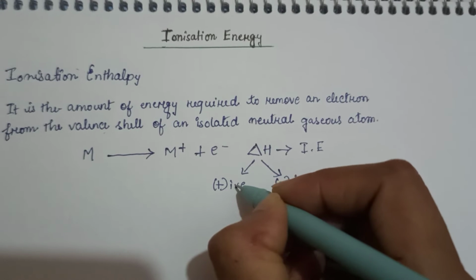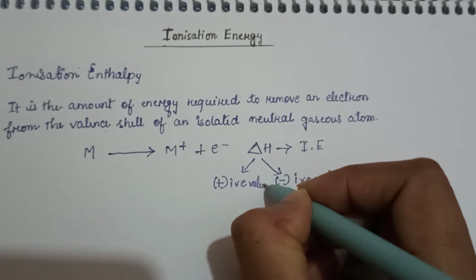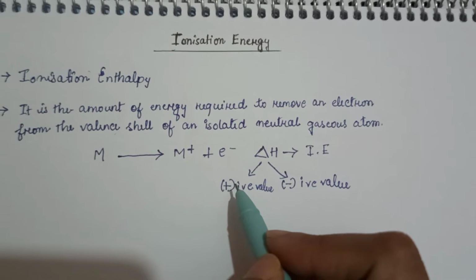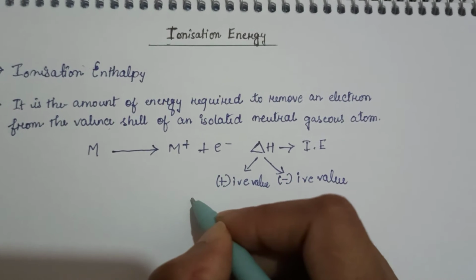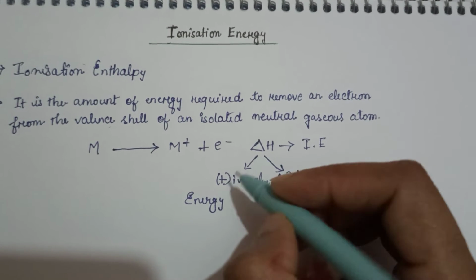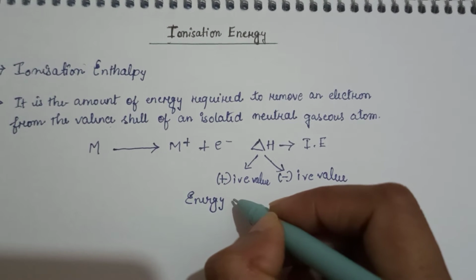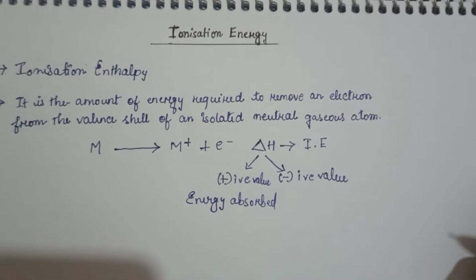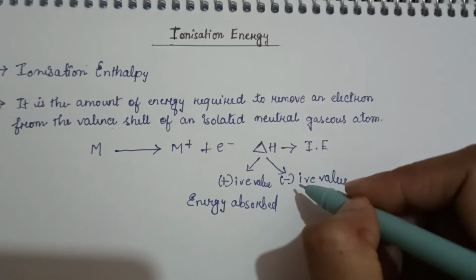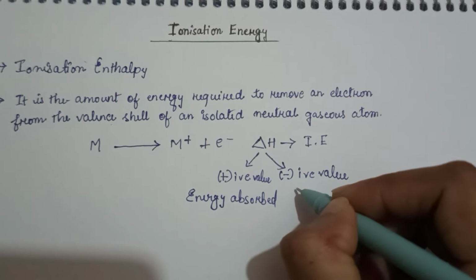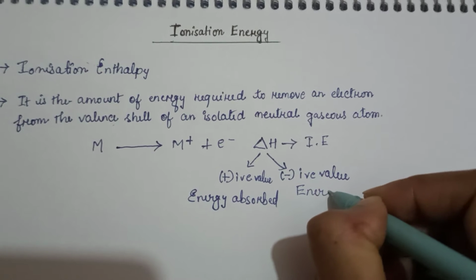Alright, now we know that if the delta H value is positive, that means the energy is being absorbed in the reaction, and if the delta H value is negative, then energy is being released in the reaction.